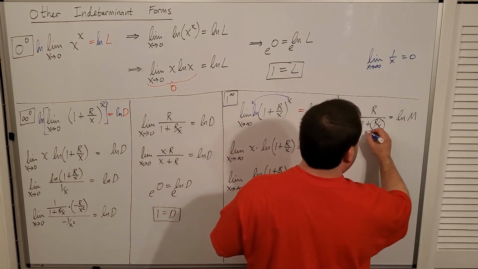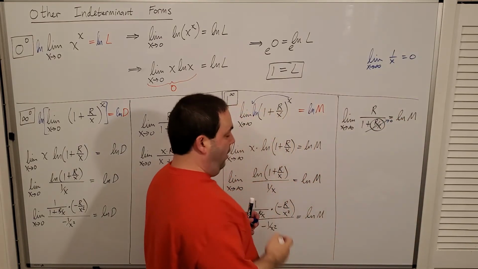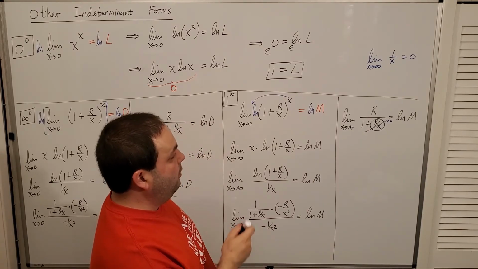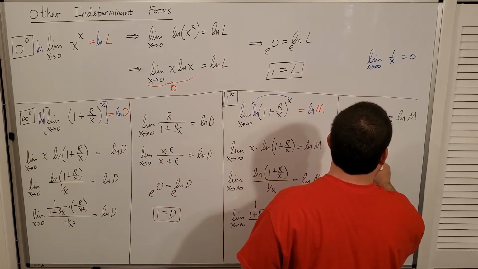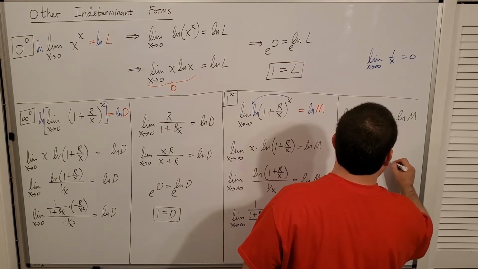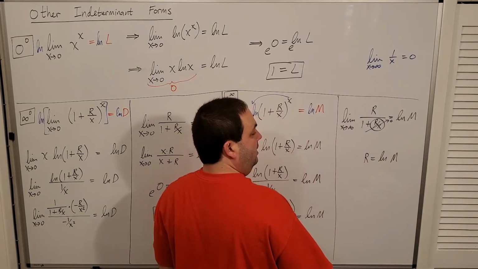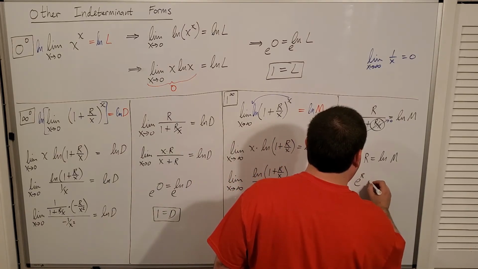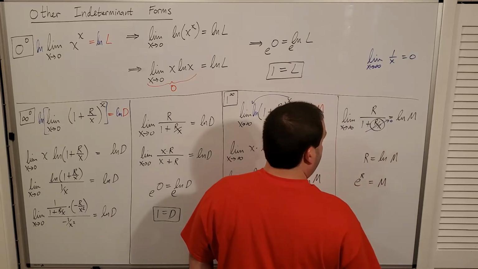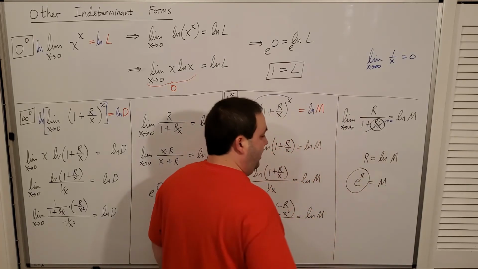So this piece right here is going to 0. And that just leaves me with r on that side this time. So I have r equals the ln of m. And then I can raise my base e on both sides. I have e to the r is equal to m. So there's my limit value right there.